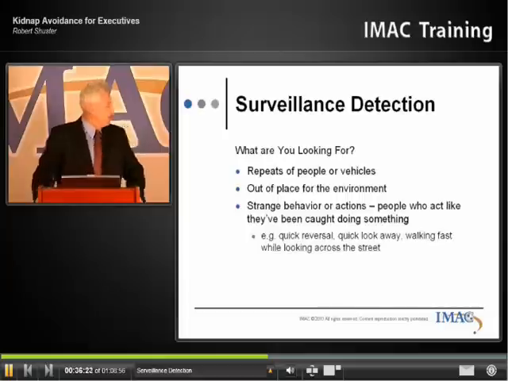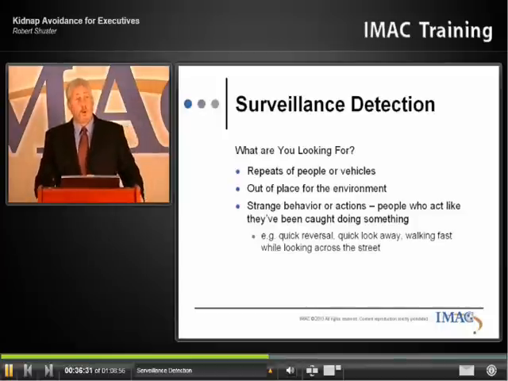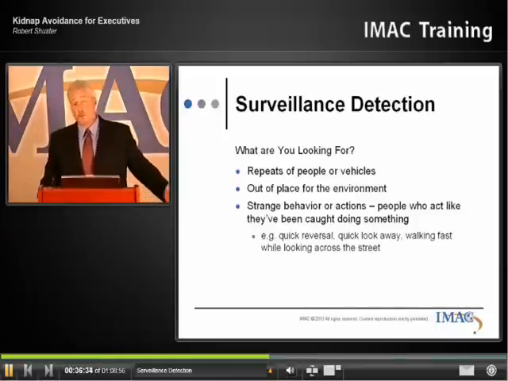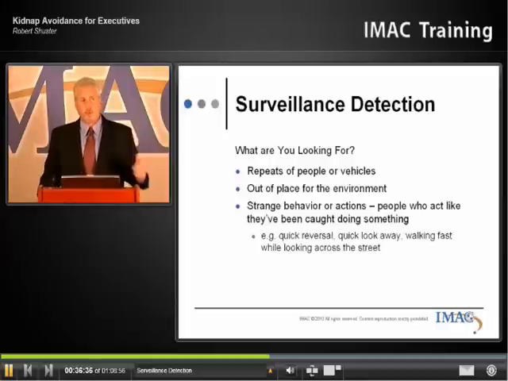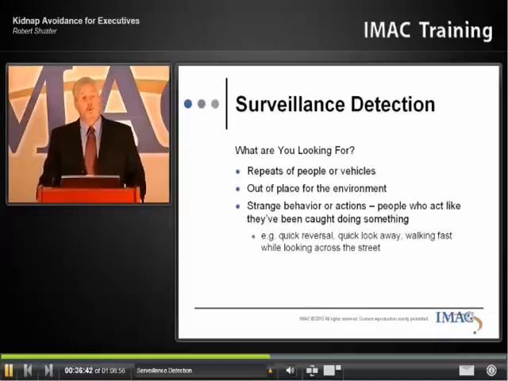The person behind you turns around real quickly or tries to hide their face. That is not typical human behavior, and you need to notice that as something unusual. Somebody walking fast across the street, seeming to look your way and be on the cell phone. Well, we just showed you paralleling, and that could be exactly what is happening to you.